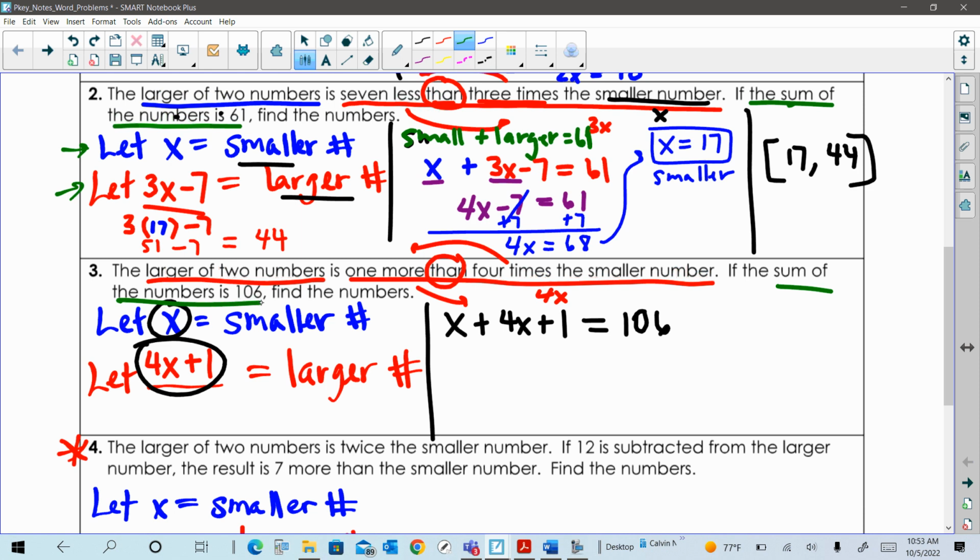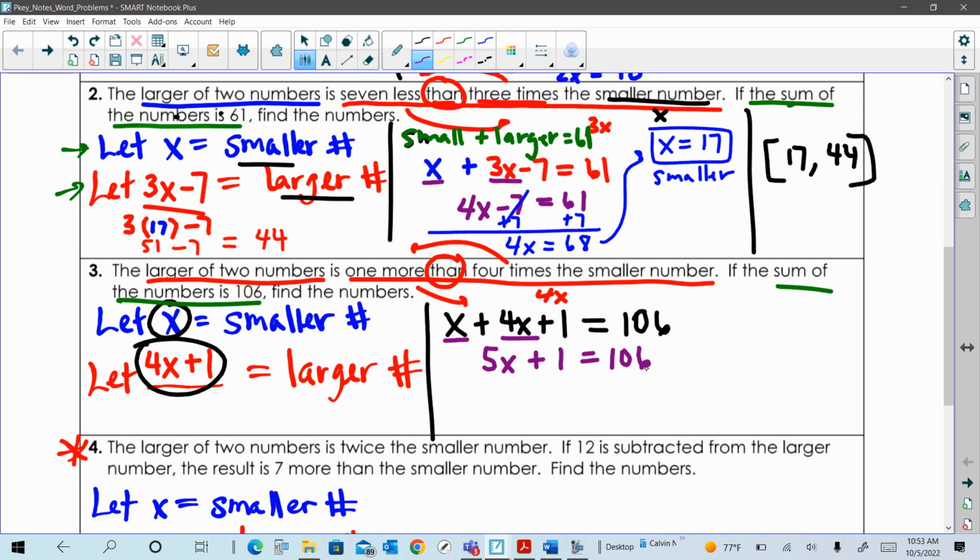All right, now to solve the equation, because step 2 says set up and solve the equation. What should we do now? Combine like terms. Okay, our like terms are the 4x and the x. So this now becomes 5x plus 1 equals 106.